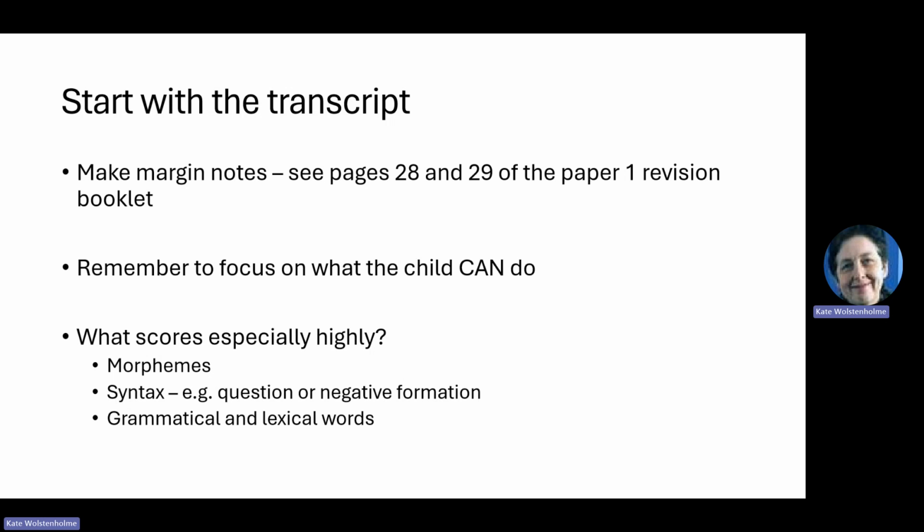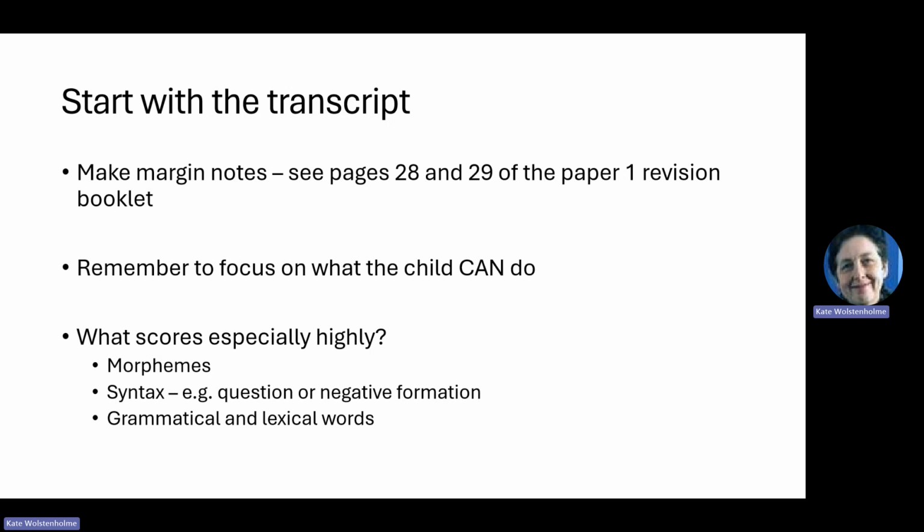What scores especially high? Any talk about morphemes scores in the top band. These are top band things. So anything about morphemes. So if you can say they use a plural S morpheme, or a past tense ed morpheme, or a present continuous ing, or anything like that, just use the word morpheme.